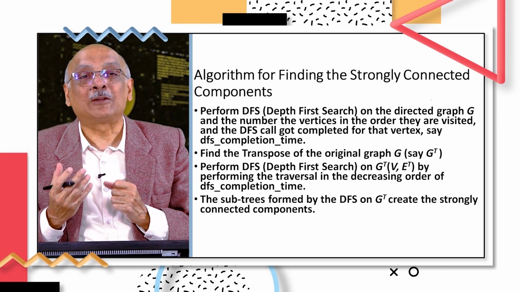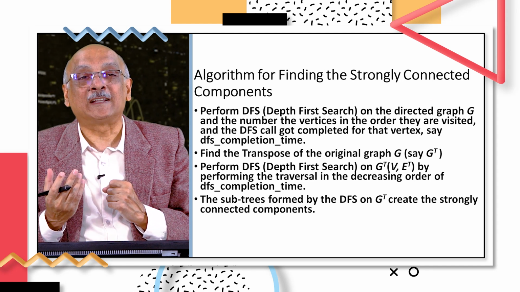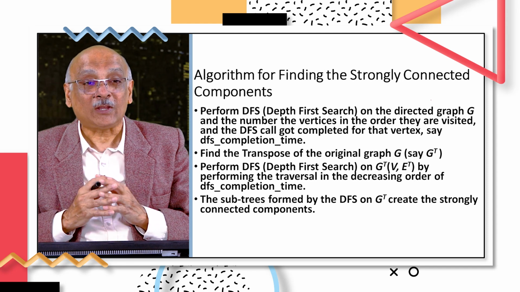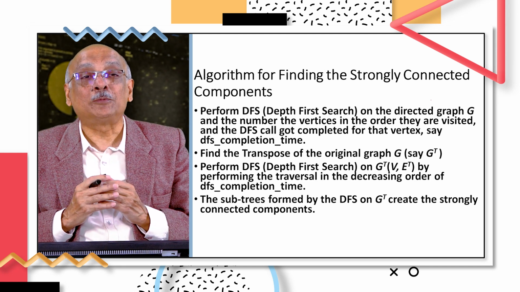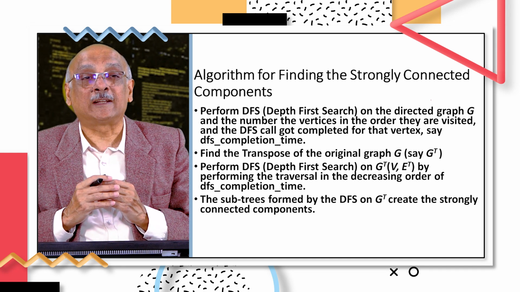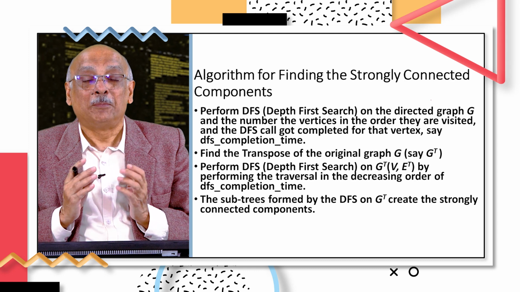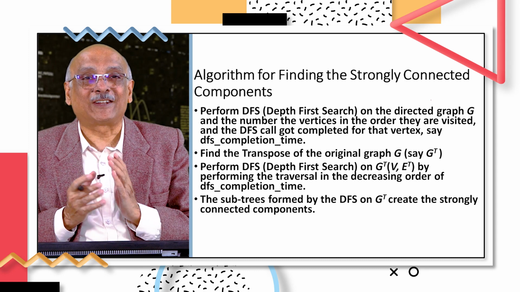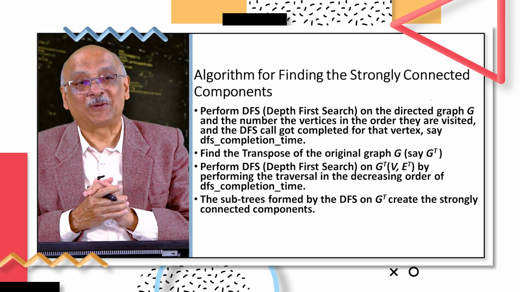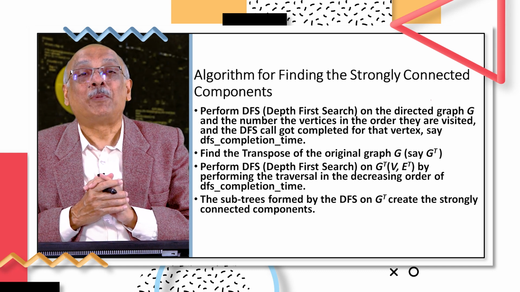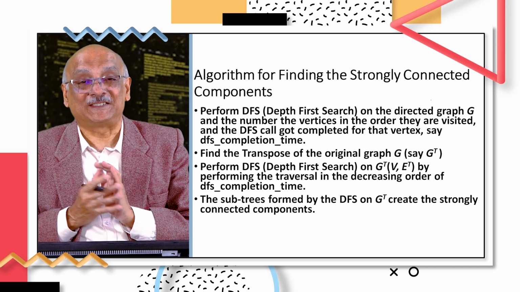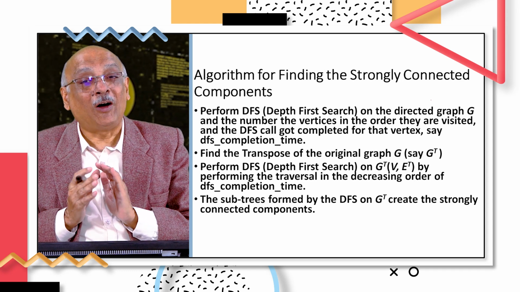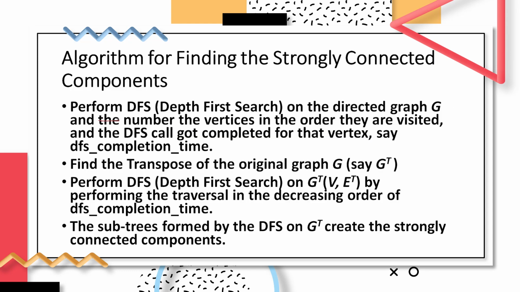What is the algorithm for finding the strongly connected components? The algorithm is basically a four-step process, and it revolves around DFS. What it says is: perform depth first search on the directed graph G, and number the vertices in the order they are visited.